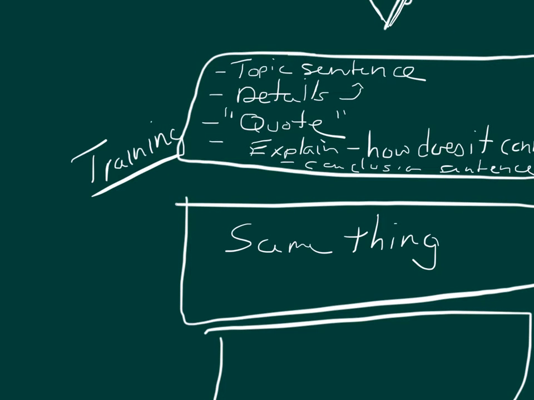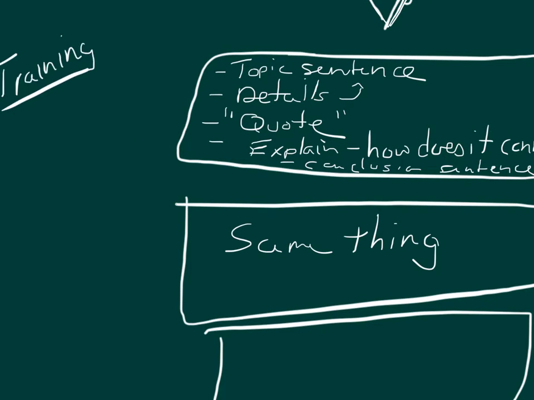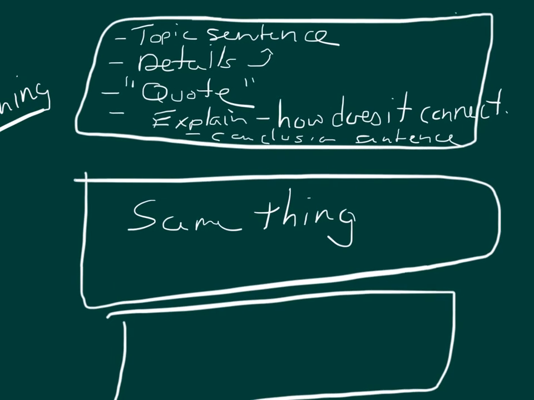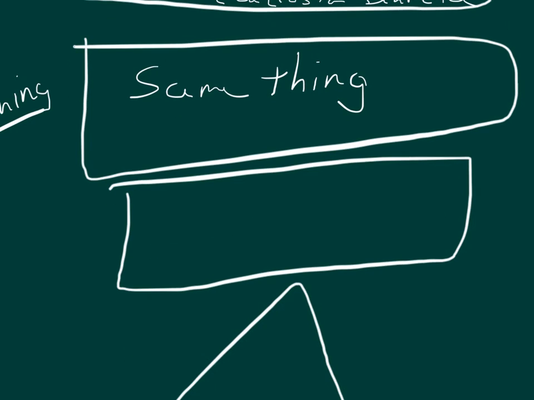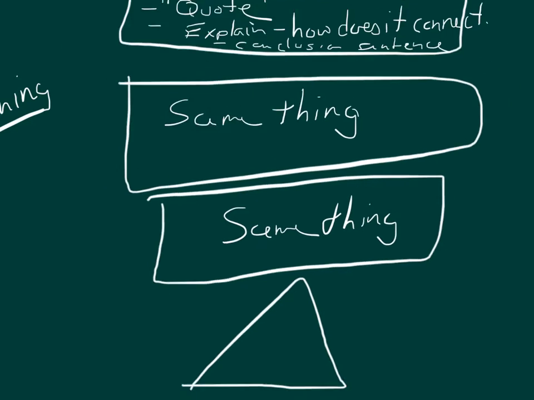I'm not sure why I can't get rid of training there, but there it goes. Topic sentence, details, quote, do the same thing in that paragraph, same thing in this paragraph. Okay? And on and on and on.